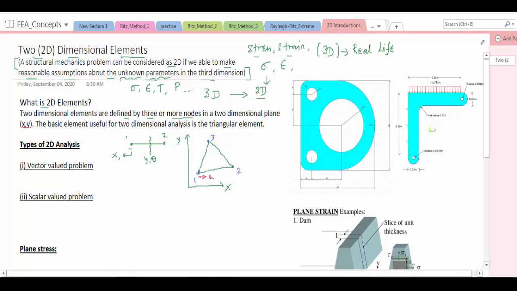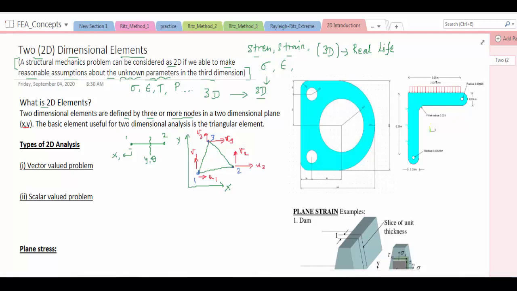If it deflects in the x direction, we call it u, and if it deflects in the y direction, we call it v. Since this is node number 1, we make it u1 and v1. Similarly for the second node, this is u2 and v2. Similarly for the third node, this is u3 and v3. Okay, so this is called a two-dimensional element.